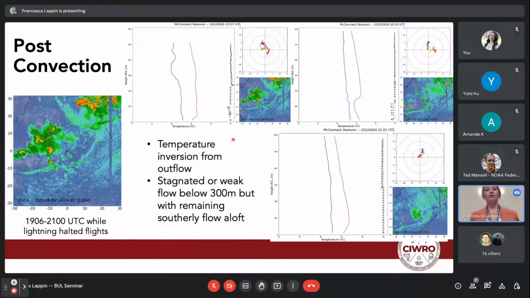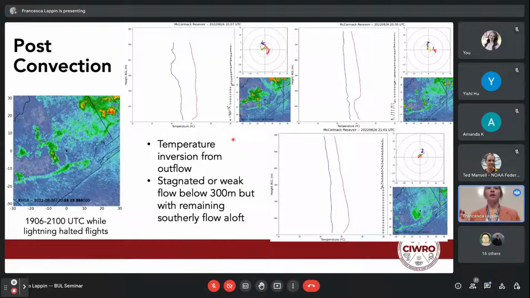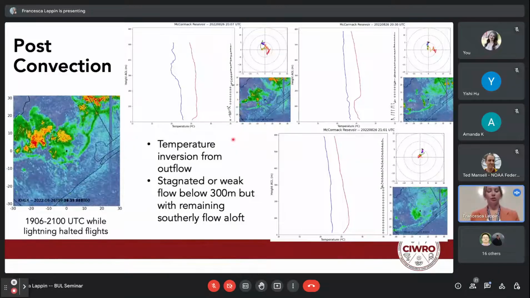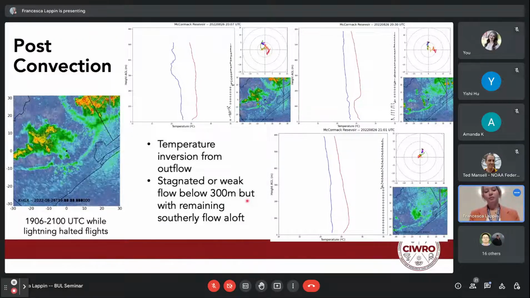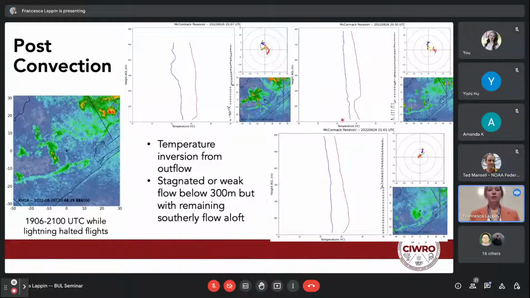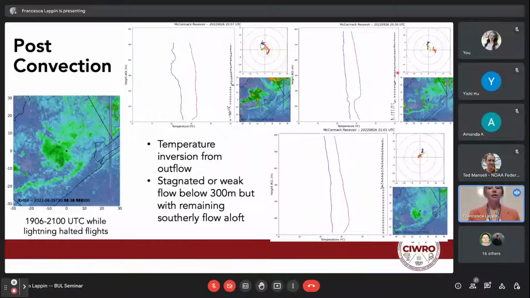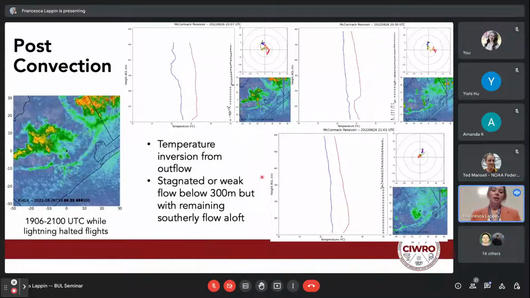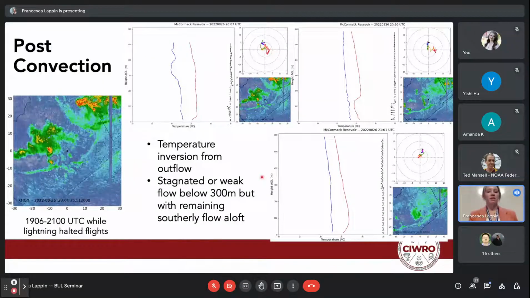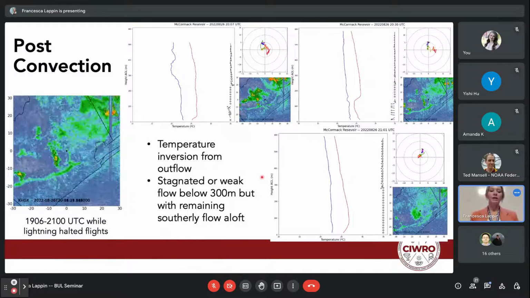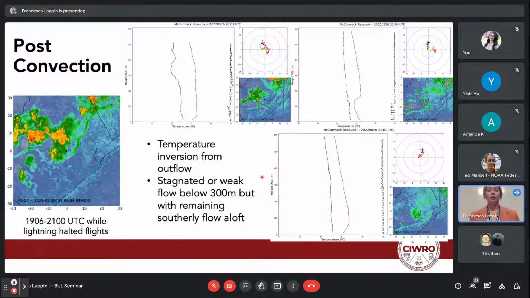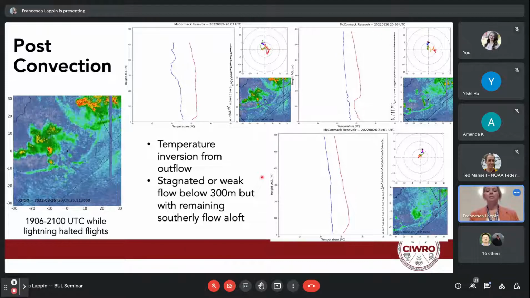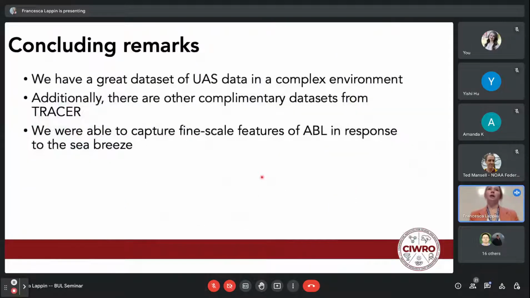It was stagnated between the various outflow directions, and the sea breeze washing out into very light and variable winds at the surface, but remaining are these southerly flow wind vectors aloft. And obviously we need to do a lot more investigation into what exactly was happening, but also some cool things to look at in this post-convective environment. And with that, I don't have any hard-hitting conclusions.